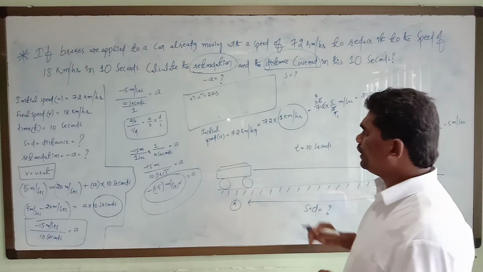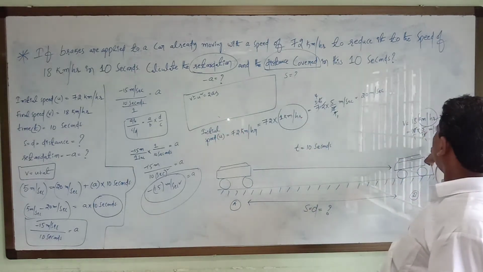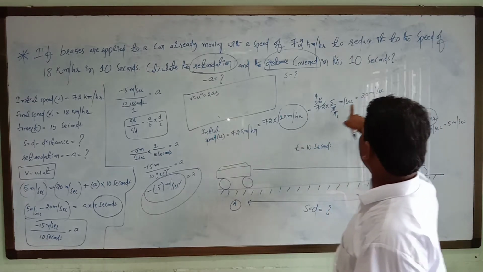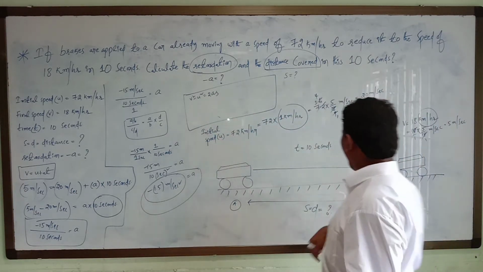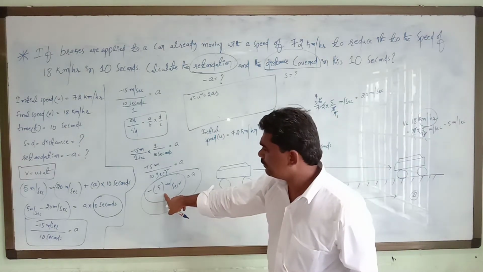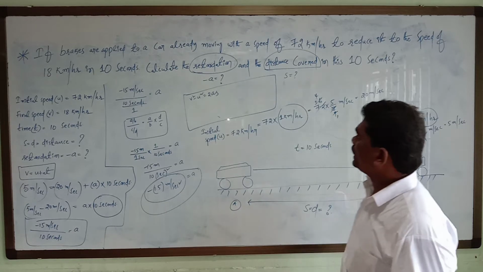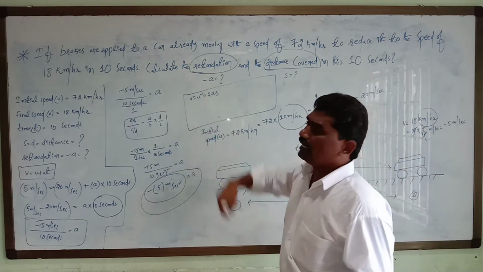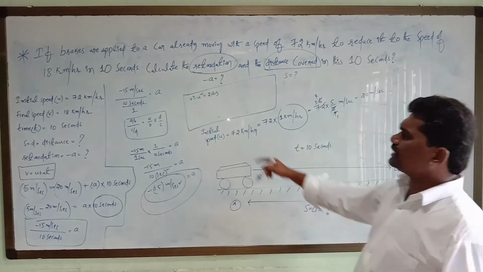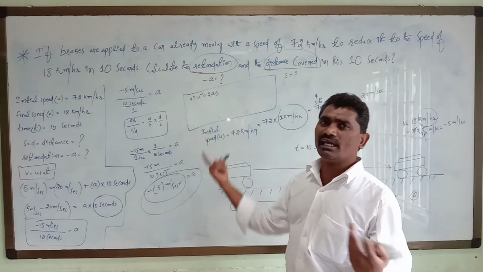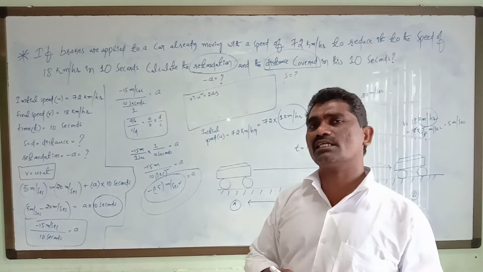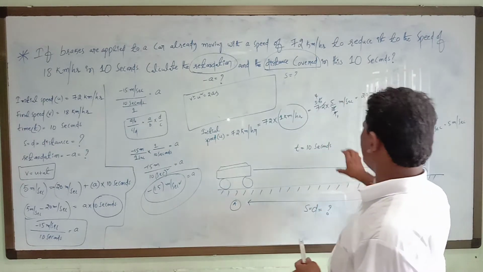Because the final velocity is already there, that is 5 meter per second. Initial velocity is already given, that is 20 meter per second. And acceleration has already been calculated. Next, s is to be calculated, the distance. If we substitute all these values in this equation, we can easily find the distance covered by the car within the 10 seconds.